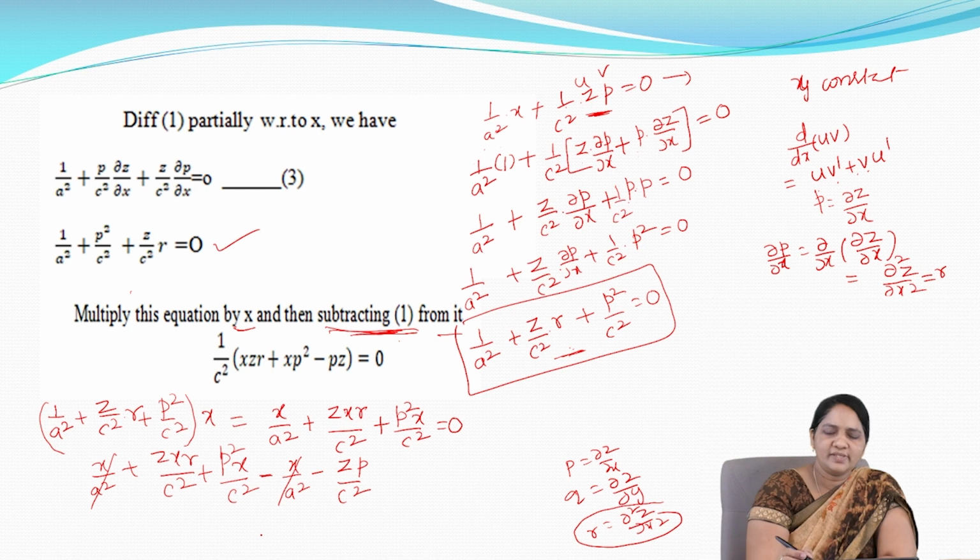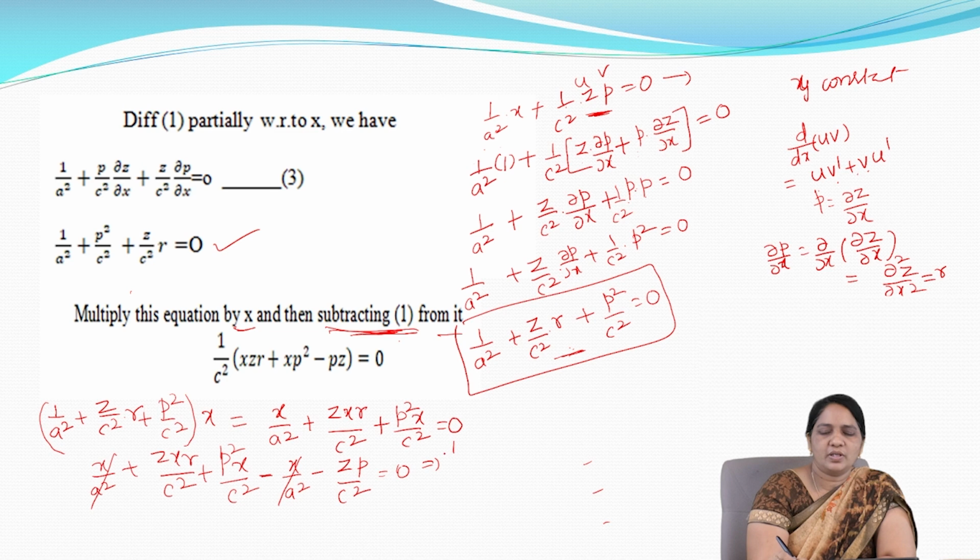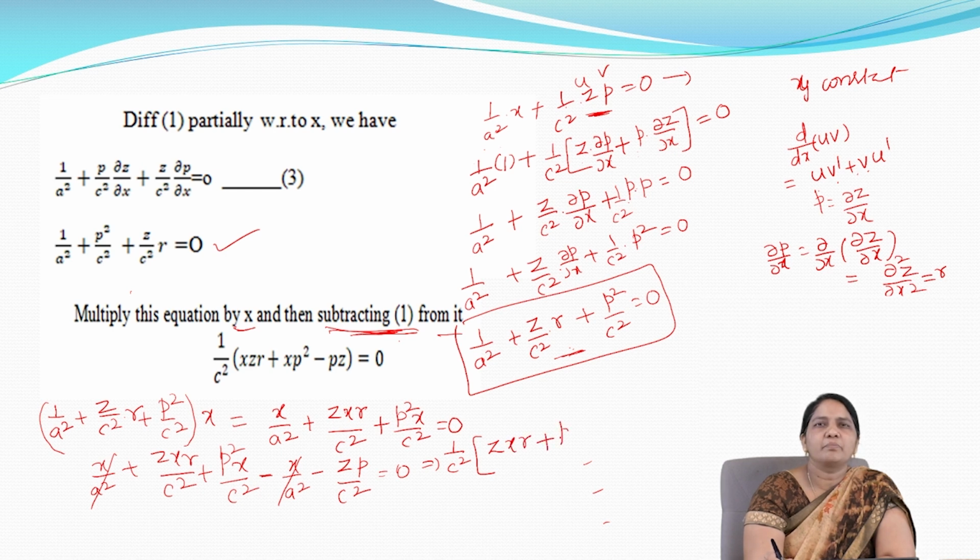So I take the common 1 by c square. After taking the common 1 by c square, I got zx into r plus p square x minus z into p. So this is equal to 0.